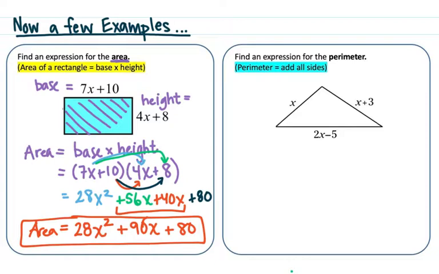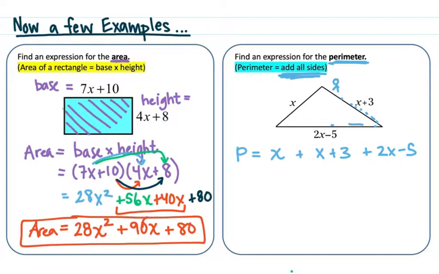Let's look at the next example. The next example is a triangle, and they're asking for perimeter. Perimeter, if you remember, we don't need fancy formulas when we have straight lines. It just means add up all the sides. So there's a person, and he's walking around the shape, and we want to know how far he walked. So in this case, the perimeter would be x plus 3 plus 2x minus 5.